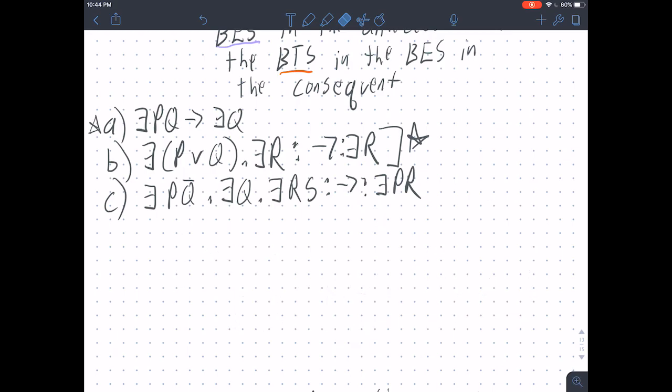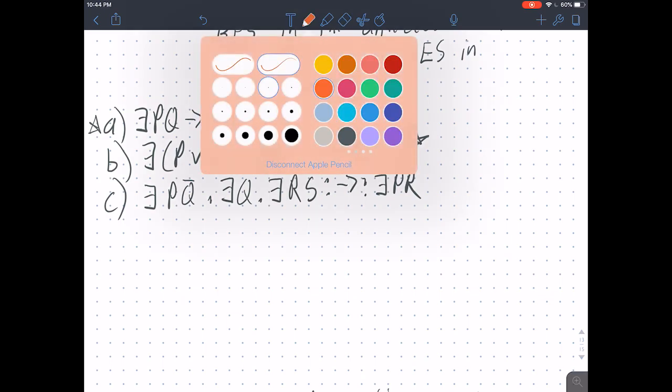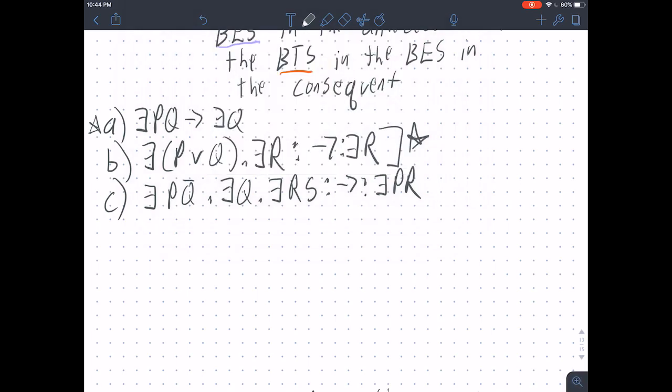Okay, so for this last example, what we'd have to do to see whether or not the existential conditional as a whole is valid is test three of these. We'd have to see whether or not the term schema in this implies the term schema in the consequent, whether or not the term schema in this implies the term schema in the consequent, or whether or not the term schema in this implies the term schema in the consequent.